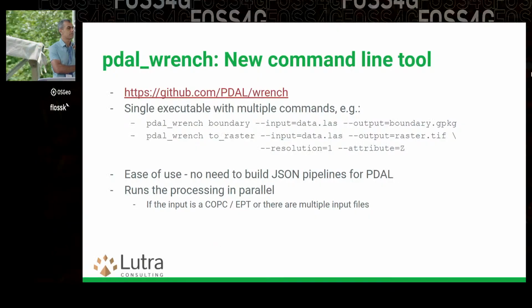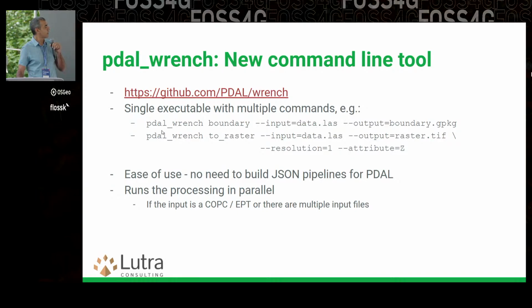What we did, we wrapped up all those functionalities in a new tool called PDAL Wrench, and it does create a script, for example, in this case, to convert your point cloud to a boundary.